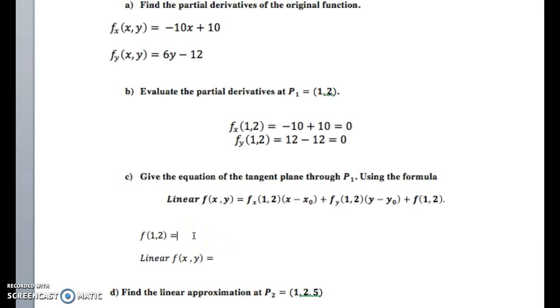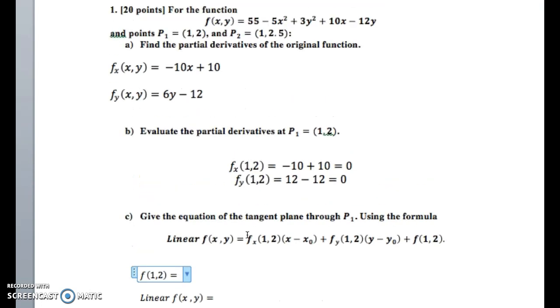So what is the original function at (1, 2)? We just plug it in everywhere.